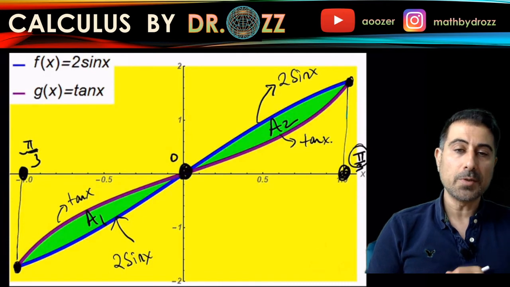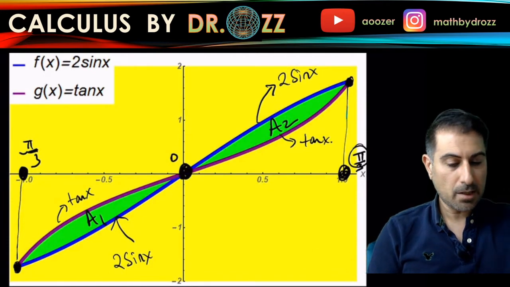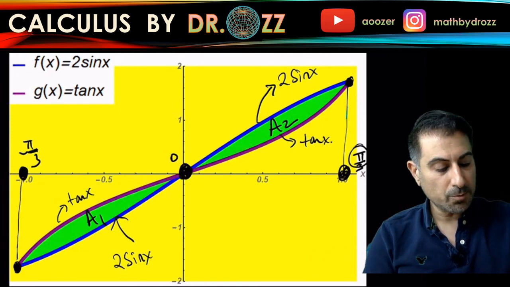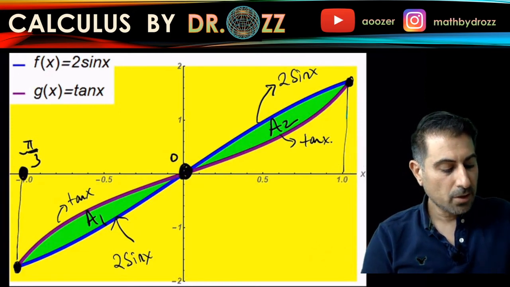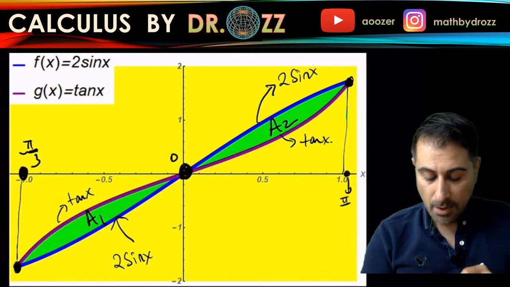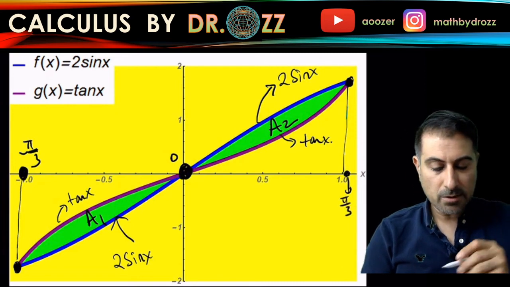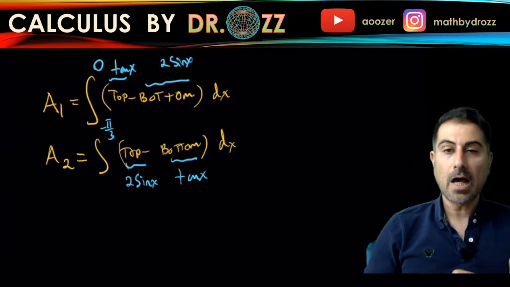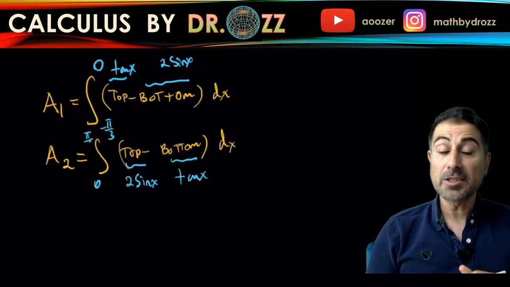And the upper limit to be pi over 3. Pi over 3 is, in fact, what I got as the intersection point. Let me write a little bit more clean here. So the point that I'm interested in is pi over 3. I'm going to write here 0 and pi over 3 for the limits of the second integral.